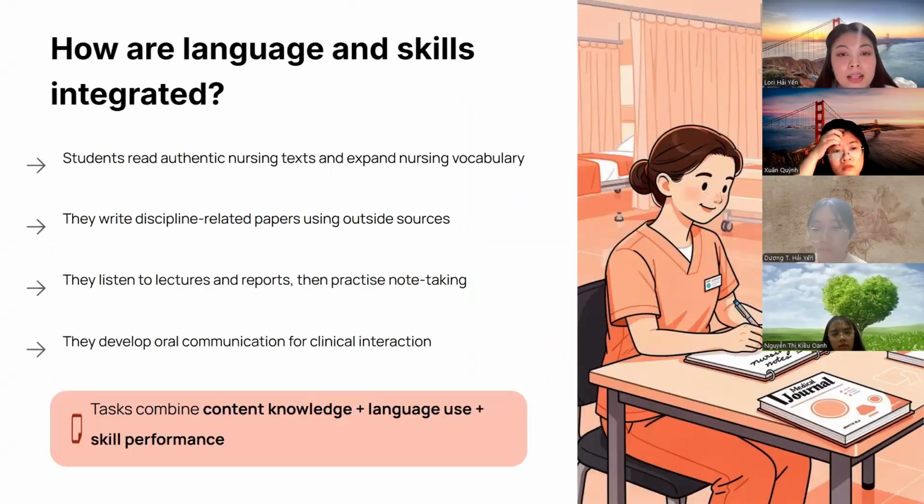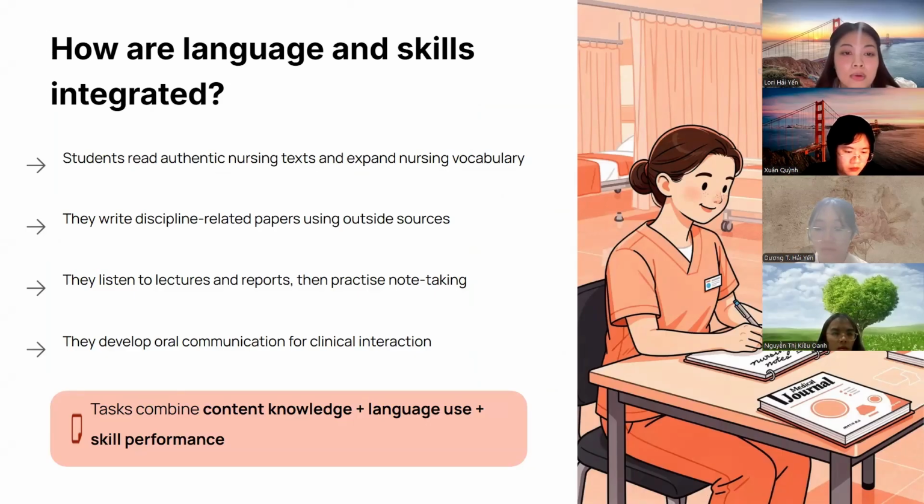Next, the language and skills are integrated. A key strength of this course is that language and skills are integrated. Students read authentic nursing texts while expanding their nursing vocabulary. They write discipline-related papers while learning how to use outside sources appropriately. They listen to lectures and reports and then practice note-taking.